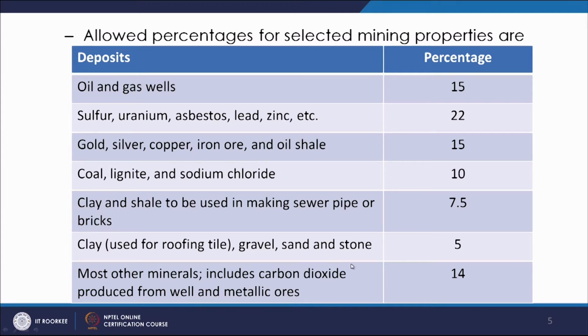Similarly, once you go for coal, lignite or sodium chloride, the depletion percentage will be based on 10% of the gross income.